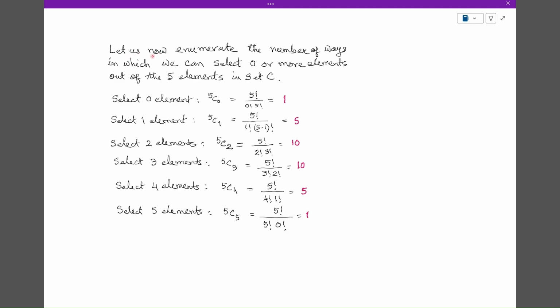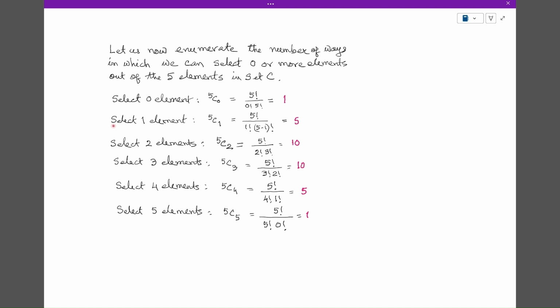Let us now enumerate the number of ways in which we can select 0 or more elements out of the 5 elements in set C. We can select 0 elements in 5C0 ways, that is 5 factorial divided by 0 factorial multiplied by 5 factorial. Remember that 0 factorial is equal to 1. If you do not know this, look into any textbook which deals with factorial.